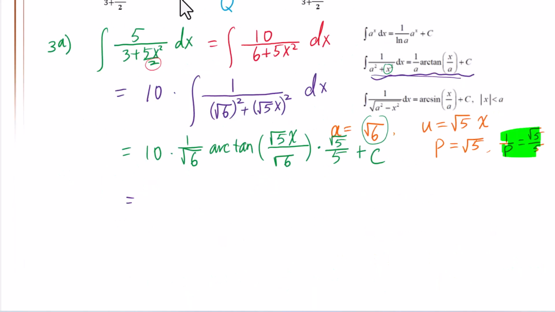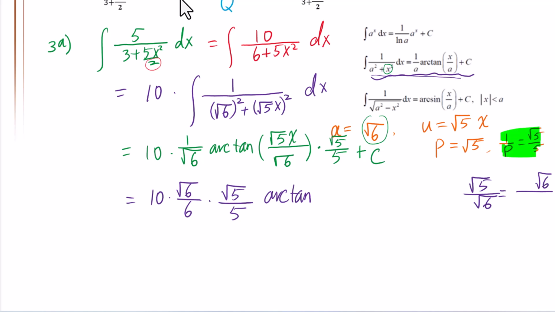Simplify: equals 10 times square root of 6 over 6 times square root of 5 over 5, arctangent. Square root of 5 over square root of 6 equals square root of 6, we can change this into square root of 6 over 6, then times square root of 5.